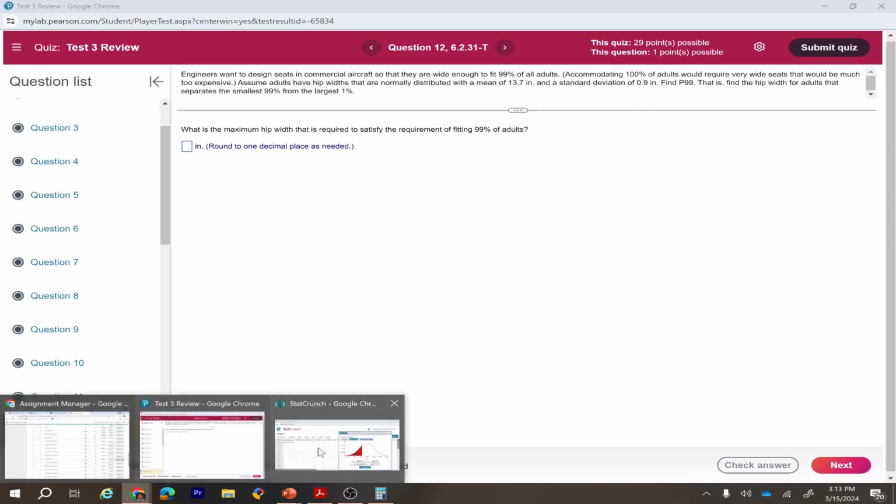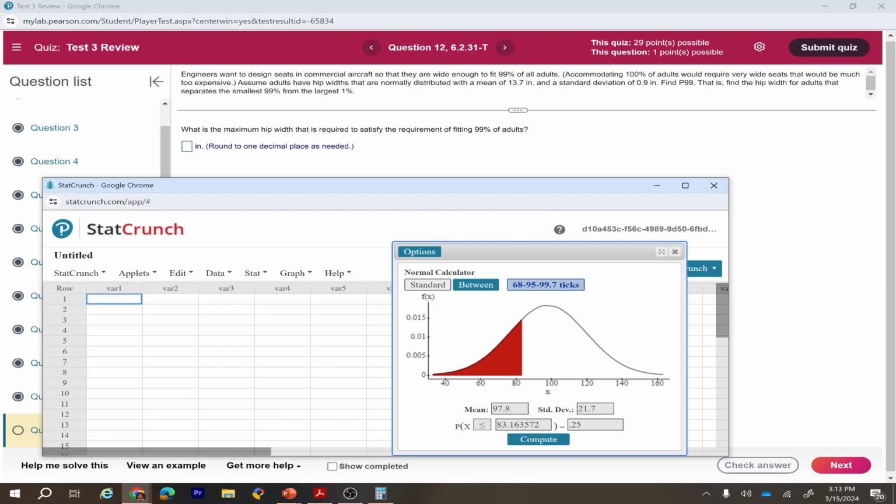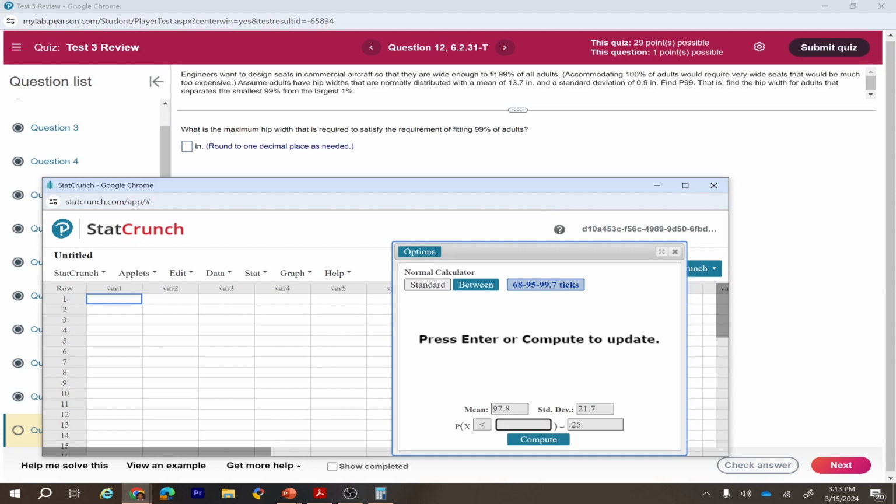You use the same calculator, but you replace the values of the mean and standard deviation. The mean is 13.7 inch. Standard deviation is 0.9 inch. You want to find the value such that to the left side of that value the area under the curve is 0.99.